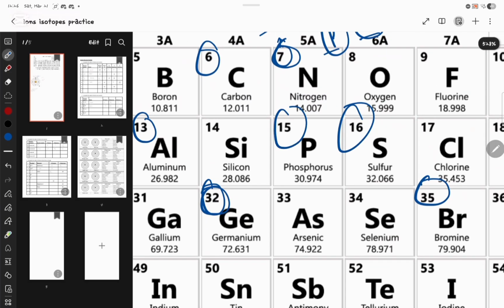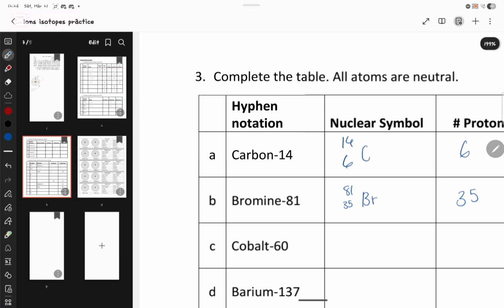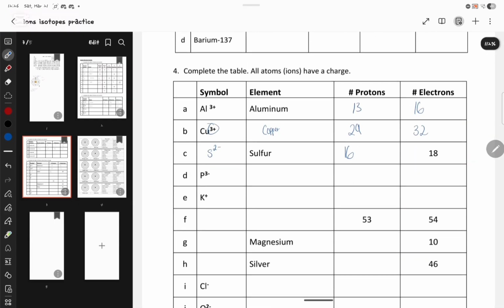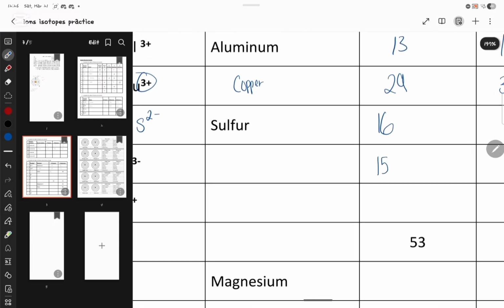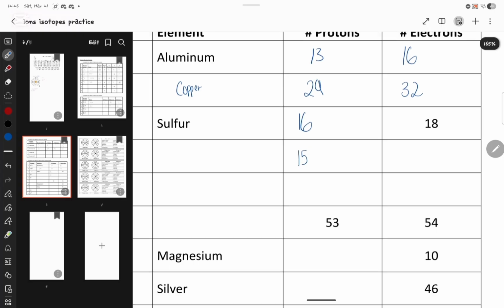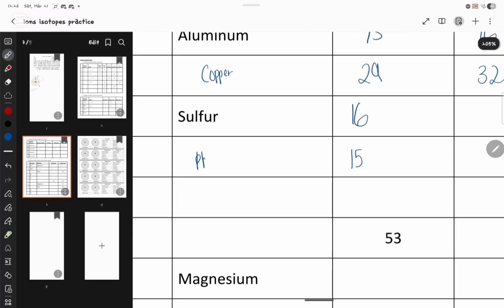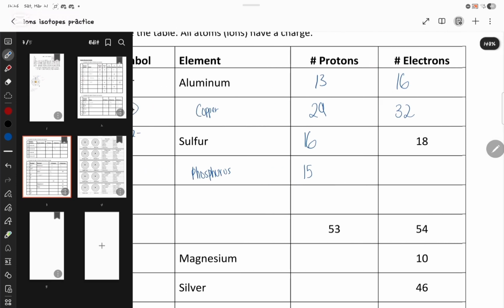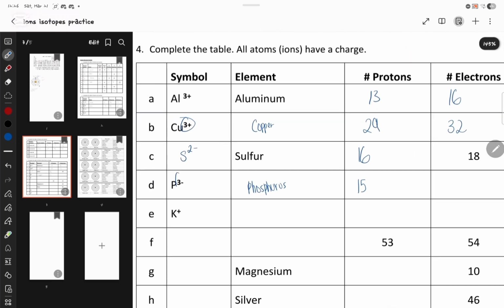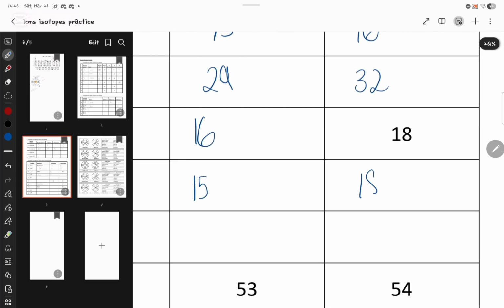Here. 15. So you know number of protons is 15. Phosphorus number 15 here. Number of electrons, we know that this is 3 minus, meaning that I gained 3 electrons.